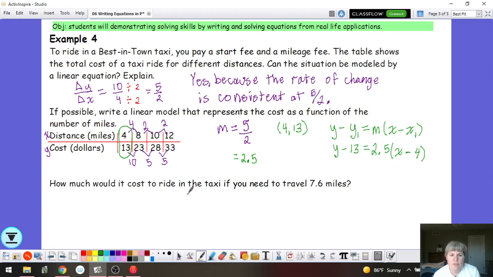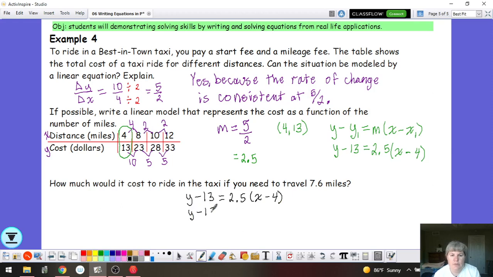How much would it cost to ride in the taxi if you need to travel 7.6 miles? Well, as we pointed out earlier, miles, distance, is the value x. So we're going to take our point-slope form, y minus 13 equals 2.5 times x minus 4, and we're going to replace x with 7.6.